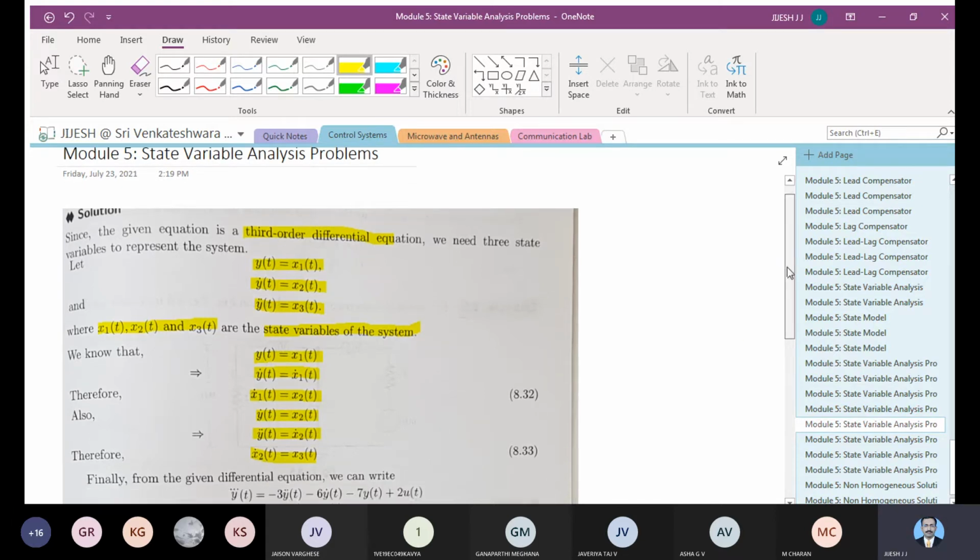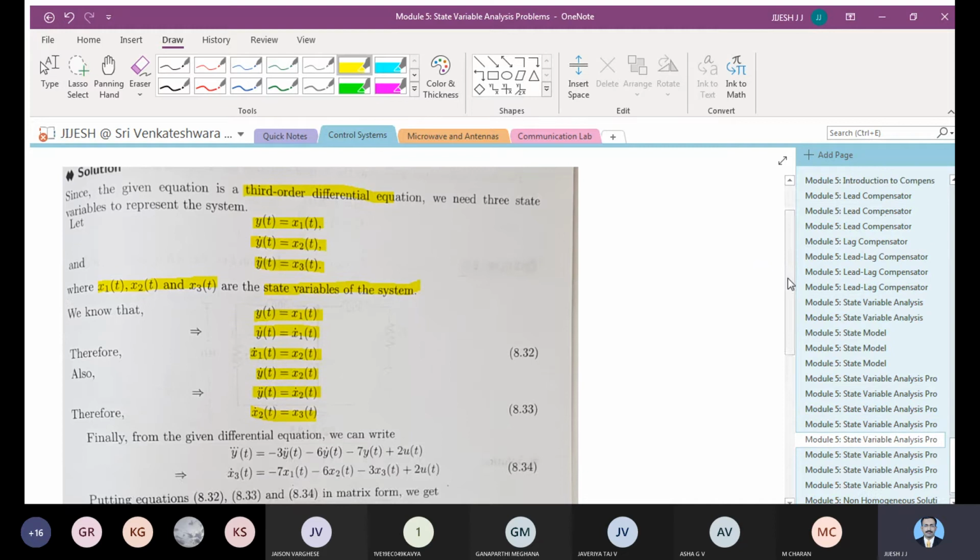You can just go through these things, which we are doing in a different approach. So this is where you have been given the differential equation to solve. So finally, from the differential equation, we can write x1 dot of t is equal to x2 of t, and x2 dot of t is equal to x3 of t.